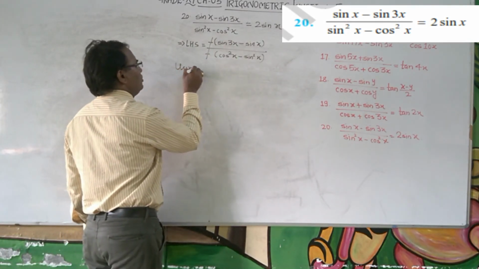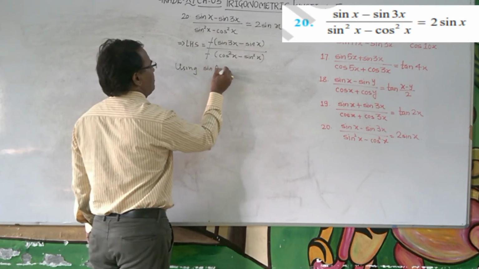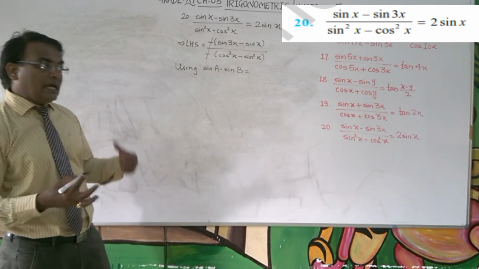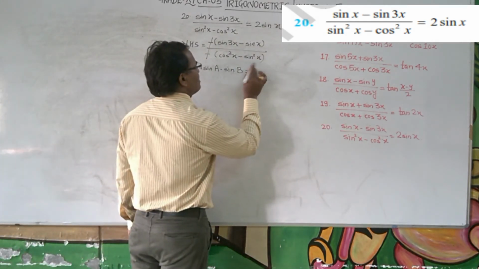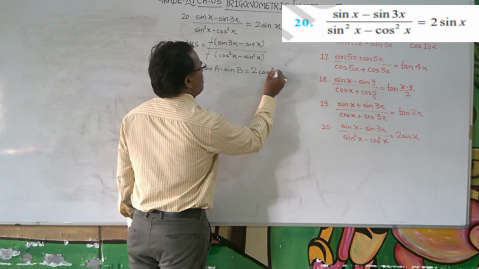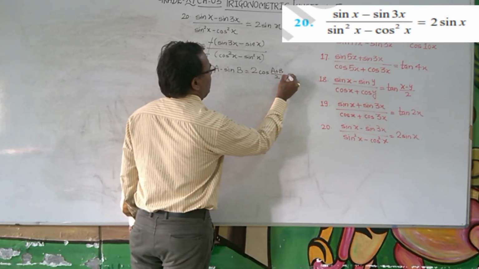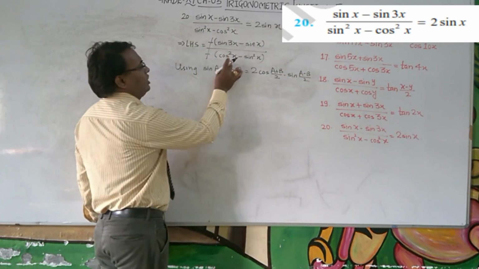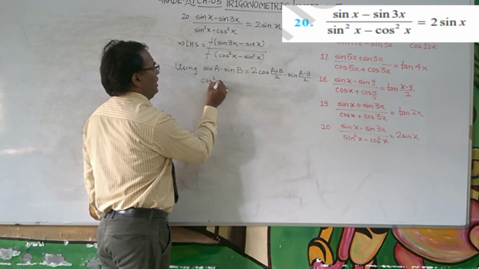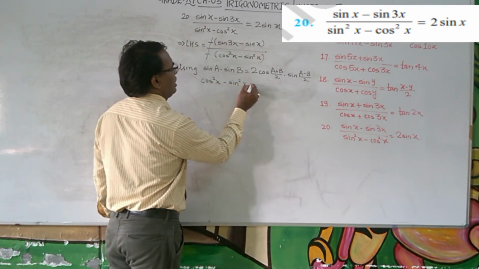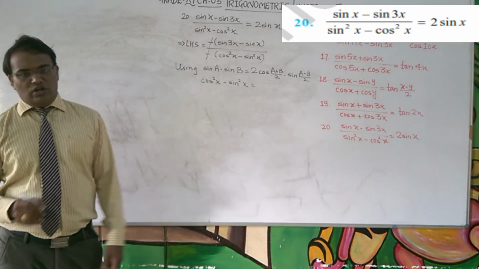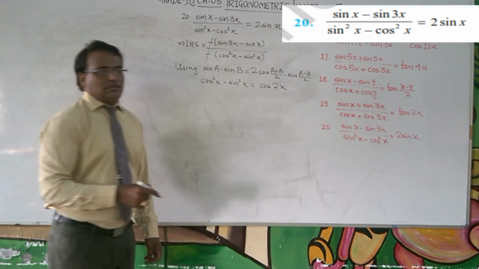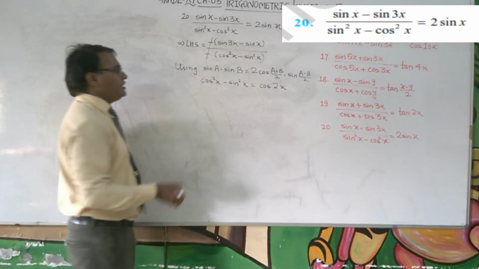Using sin a minus sin b, the RHS is 2 cos((a plus b) upon 2) into sin((a minus b) upon 2). And what is cos square x minus sin square x? The last formula. It is equal to cos 2x.